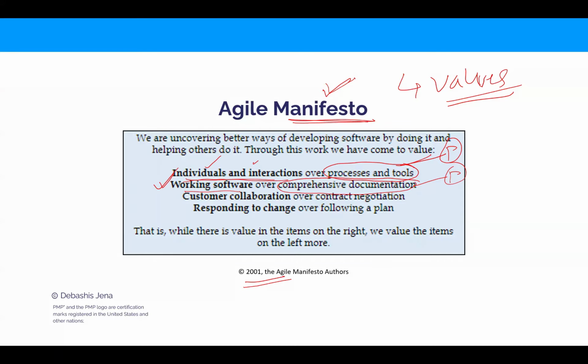Then the third one, customer collaboration over contract negotiation. Again, in predictive, we try to negotiate everything in black and white and capture it in the contract as much as possible. Our execution will be guided by this contract. What the contract says, we'll do. What the contract doesn't say, we won't do. Now, what these people said, the contract is fine. We definitely need to have a contract.